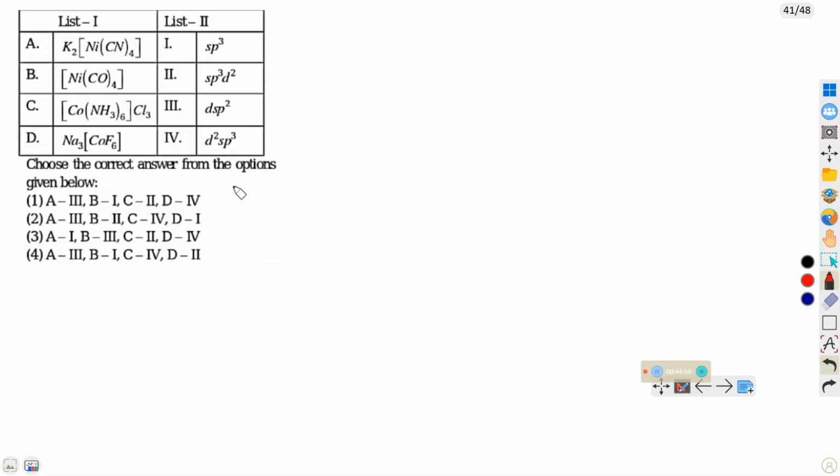Match the following. Given K2[Ni(CN)4]. CN is a strong ligand field, so regrouping takes place. Nickel has 3d8 configuration, and dsp2 hybridization.